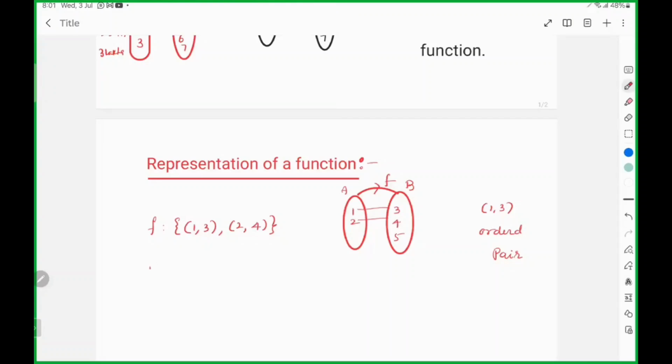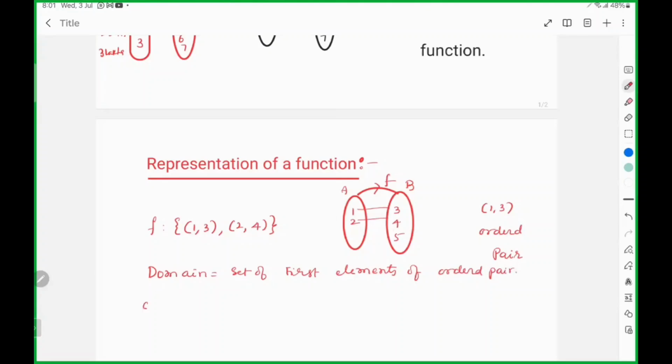In this representation, suppose you are given a function like this, the domain means the set of first elements of the ordered pairs.